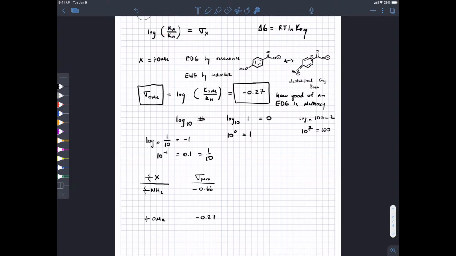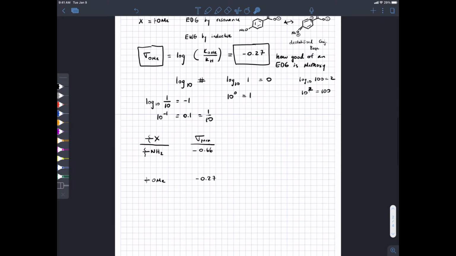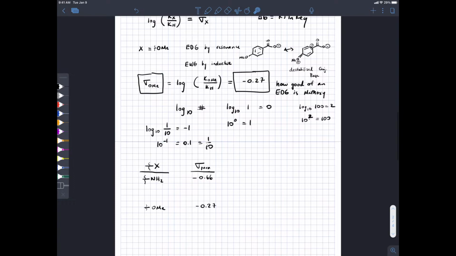Meaning the para-amino benzoic acid is even less acidic than the para-methoxy. Any reason for why that should be? The amino group is a better electron donating group than methoxy. Why is that? It's true. Why is that?